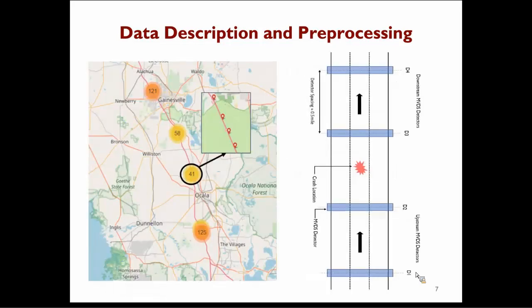So this is a snapshot of the data where we pinpoint every crash location along I-75, and for every crash location we identified a downstream and upstream MVDS detector, and we created some features for each of those, for example traffic flow, speed, and some other additional features that I will discuss in the later part.